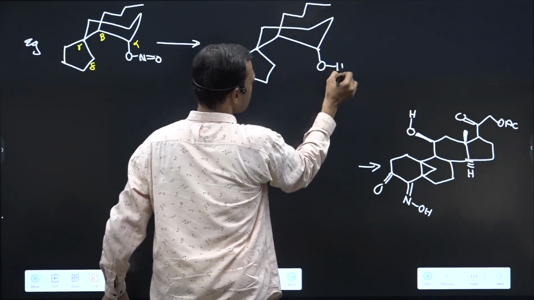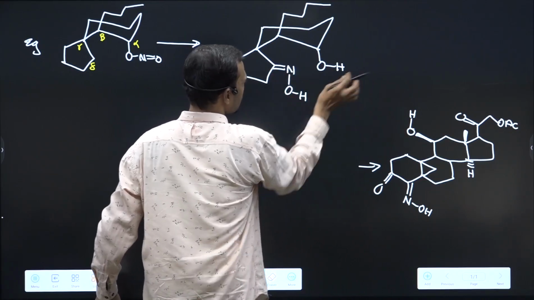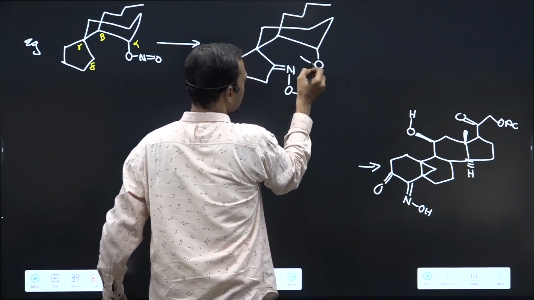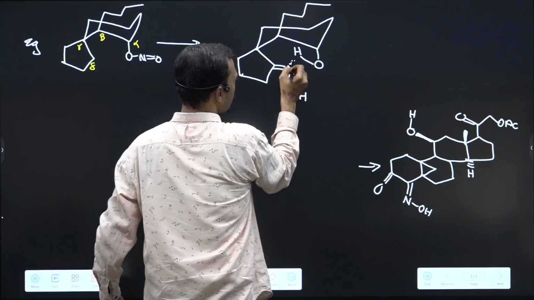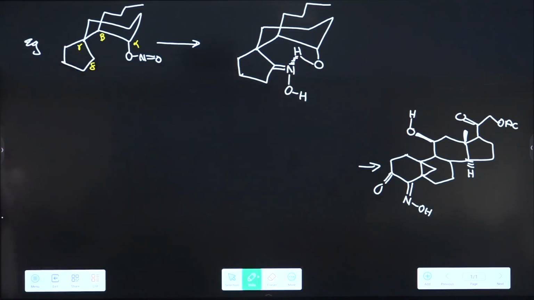This is OH and here nitrogen, and always you should write like this. So this hydroxy group develops a chelation. So with this lone pair it will form a hydrogen bond. You will get oxime like this.